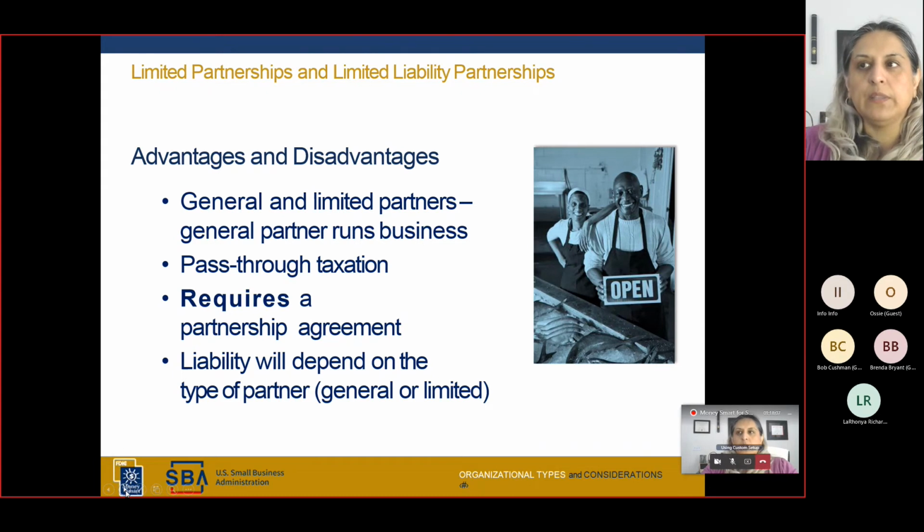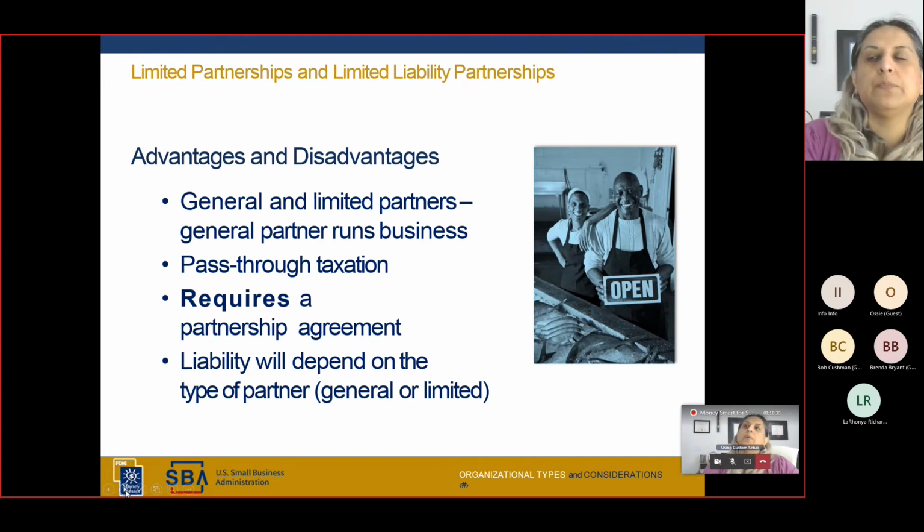So with a limited liability partnership, personal liability for the partners may be limited, but the rules again vary from state to state. So you do want to make sure that you're looking at which state, which information, that you're considering opening your business in. So let's see, management.